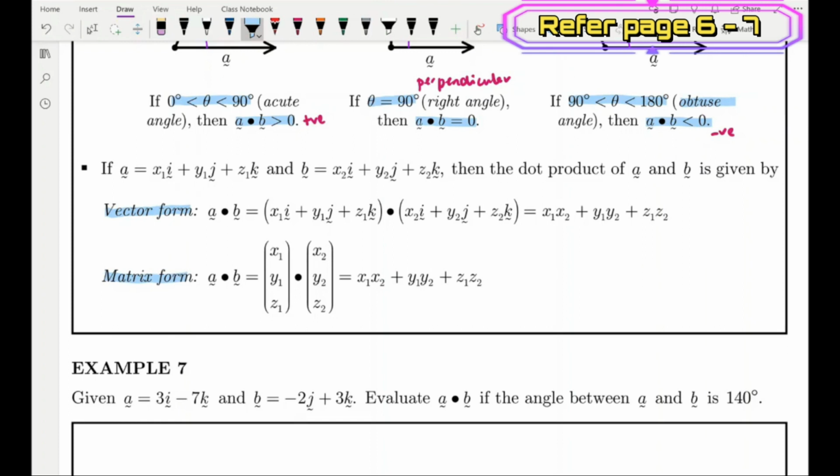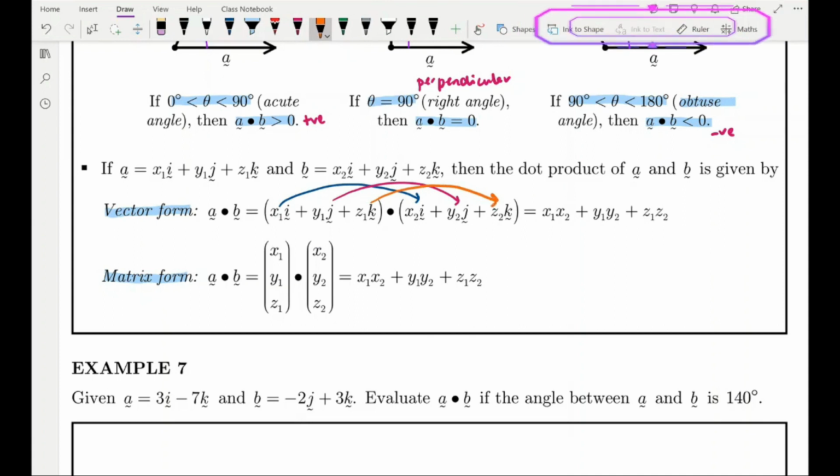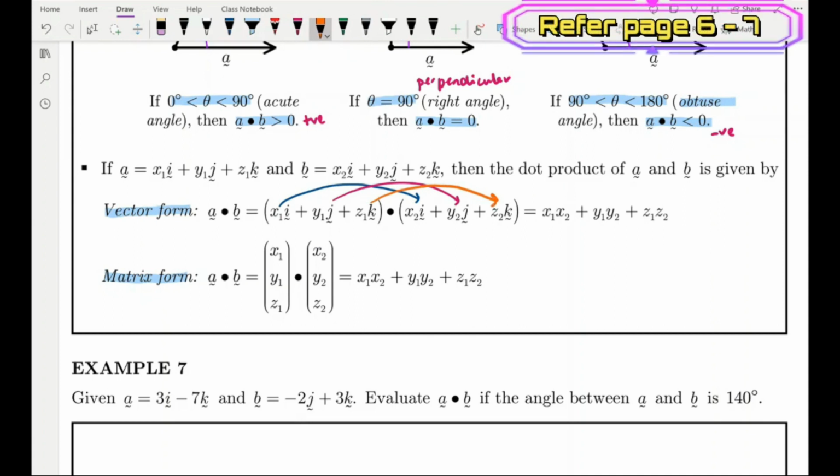For vector form, we just multiply the element of i with i, element of j with element of j, and lastly element of k. And then we add all the elements.